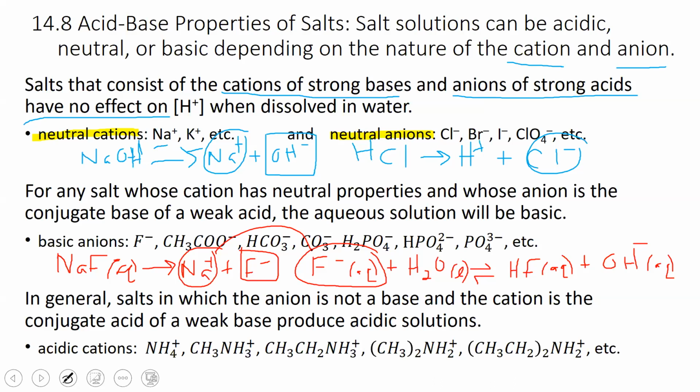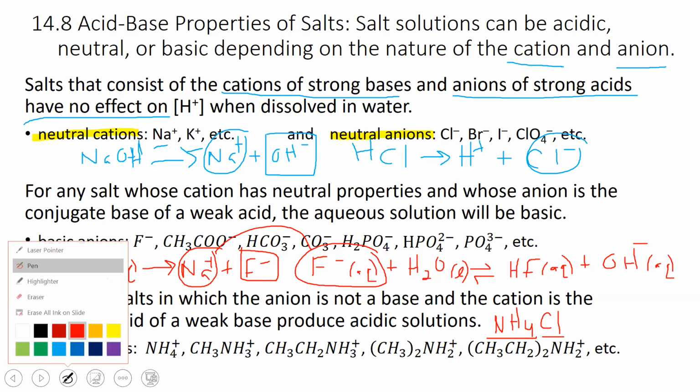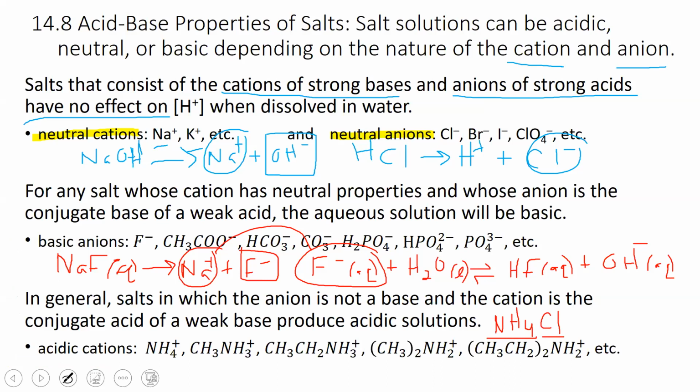When it comes to salts in which you have an anion that comes from a strong acid, so the conjugate base of a strong acid, something like chloride, you can imagine having ammonium chloride. That has two parts to it. You've got the ammonium part and you have the chloride part. And in that, the ammonium is acidic and the chloride is neutral.